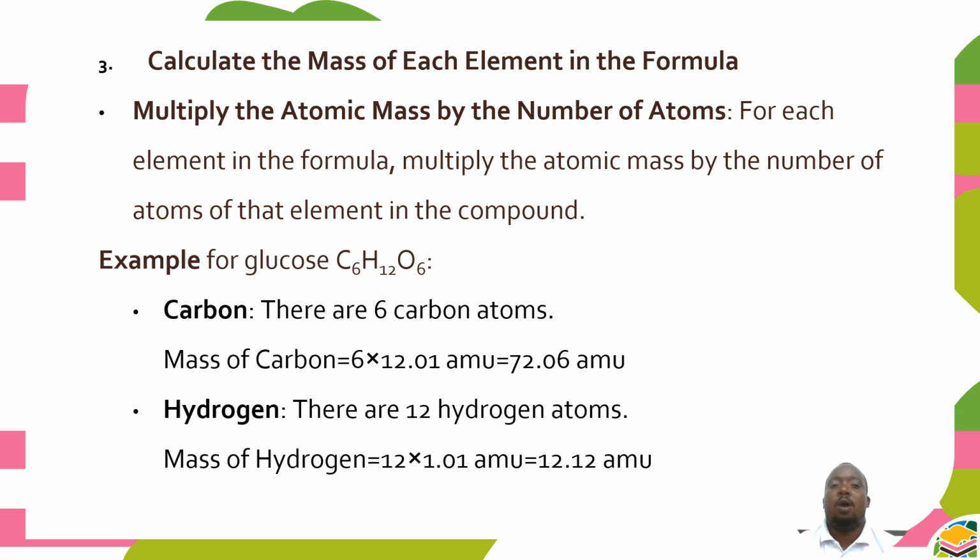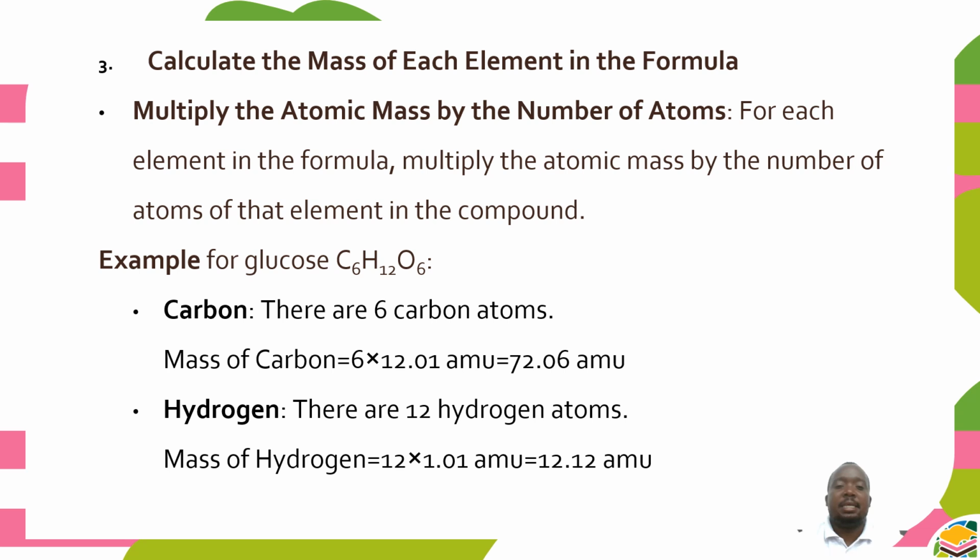Then from there, you have to calculate the mass of each element in the formula. You multiply the atomic mass by the number of atoms. As simple as that.